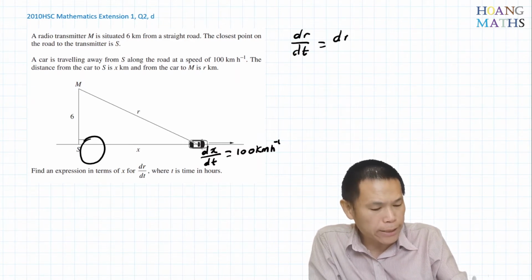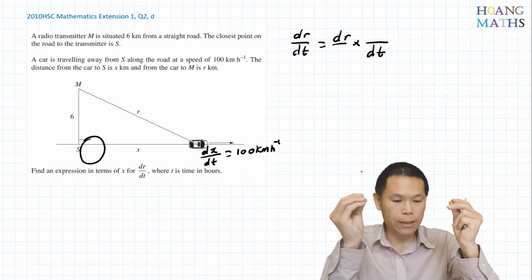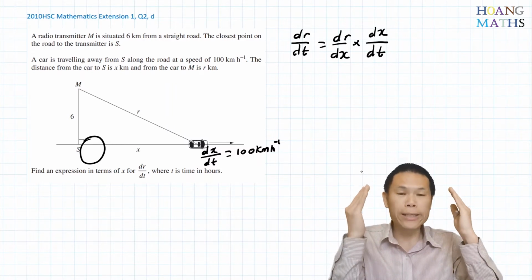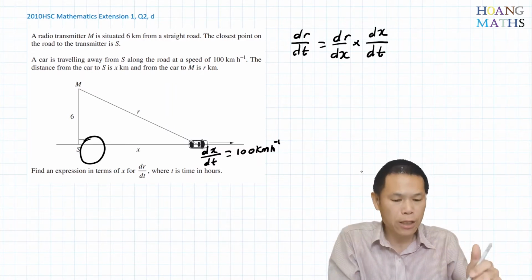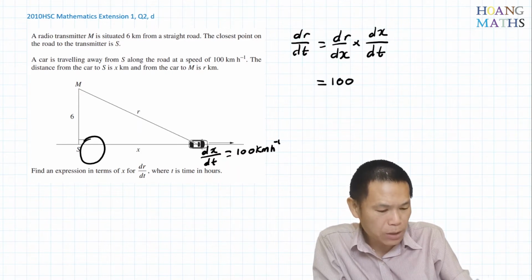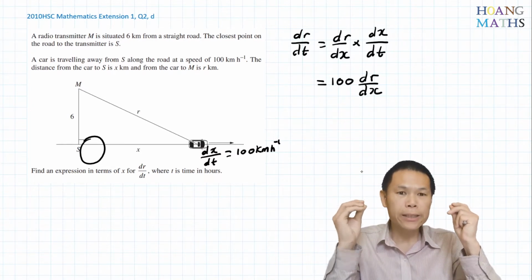And we know that dx/dt is 100 kilometers per hour. So I just write 100 times dr/dx. So now we just need to find dr/dx.